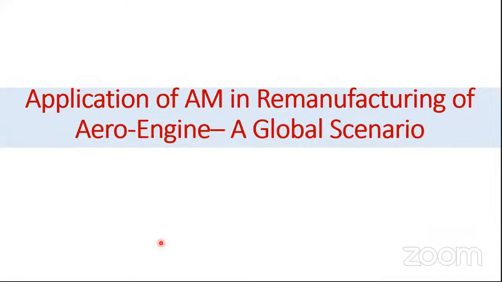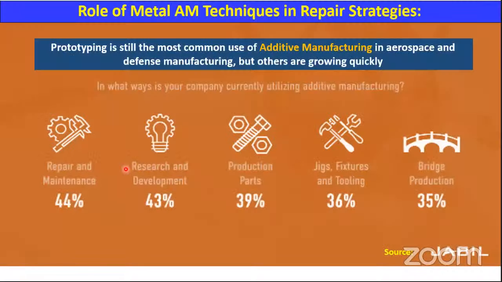Now quickly, let me get into the application of AM in the remanufacturing of aero engine components in a global scenario. If you look at the role of metal AM techniques, especially for repair strategy, it has been catching up in recent times.